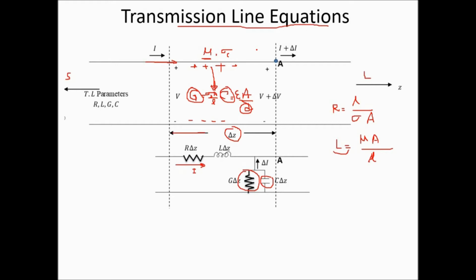We want to find it in terms of voltage and current, because the transmission line concept can be applied to power systems, transmission or distribution systems, or other power processes. That's why we want to find the transmission line equation with respect to voltage and current, not electric field or magnetic field, as we did for the lossy dielectric.